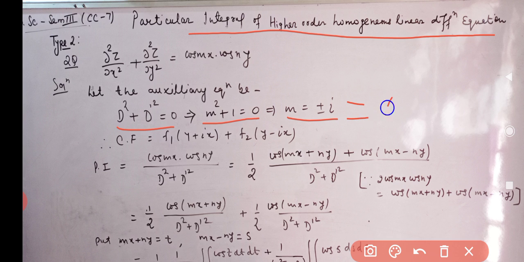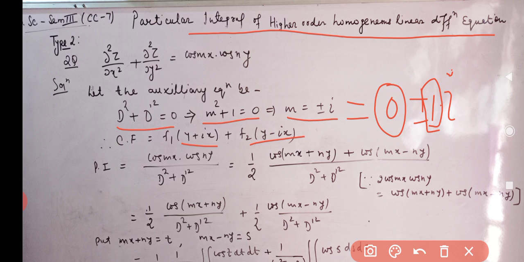Since this is of the form 0 plus minus 1 into i, the real part is 0 and the imaginary part is 1. So we write the complementary function as CF equals F1(y plus ix) plus F2(y minus ix).